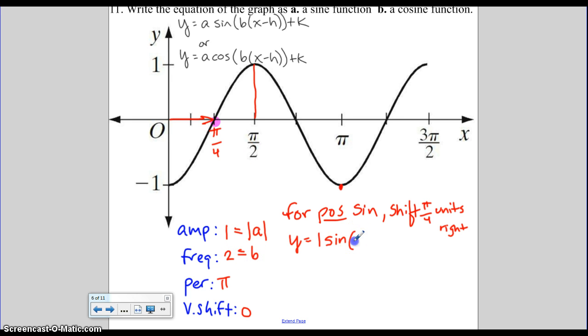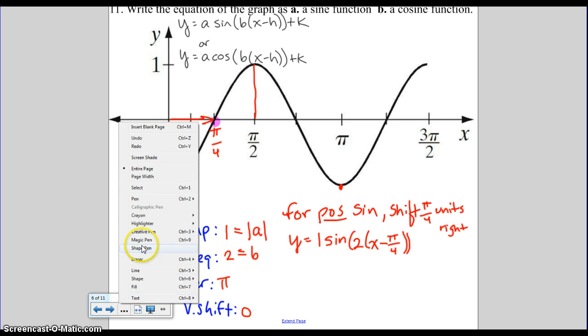So I'll put a 2. Then an x. Now I need the shift. Okay, I want to shift right. Remember, shifts right, we subtract pi over 4. And if I had any vertical shift, I would put that on the end here. We don't have any, so we're done. Let's grab a different color for the cosine graph.